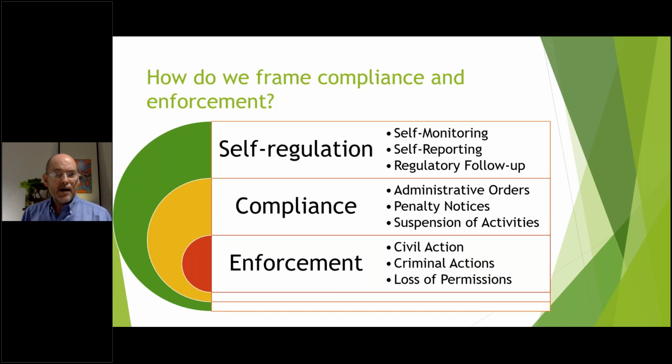We then looked at compliance and looked at the idea of administrative orders, penalty notice, and suspension of activities. And then finally, looking at enforcement, civil actions, criminal actions, the loss of permissions as being the ultimate aspect of enforcement and compliance, but one of which we tried to avoid, hoping that we could bring facilities into compliance and avoid some of the environmental and social consequences of ongoing breaches of EIA approvals.